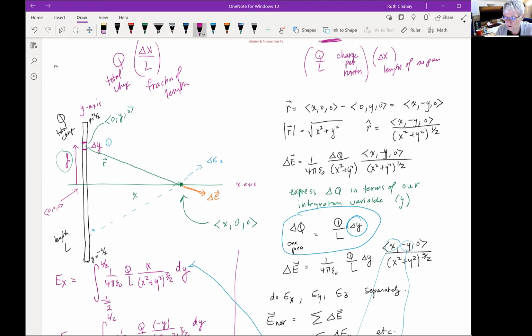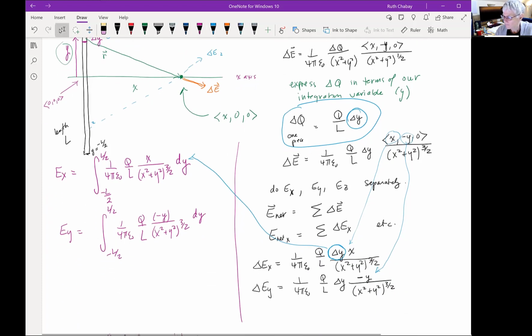What's changing in our integral is the position of the pieces. So our delta y here is what turns into our dy. So again, this integration variable, this dy, has real physical meaning. It came from the length of one of our pieces.